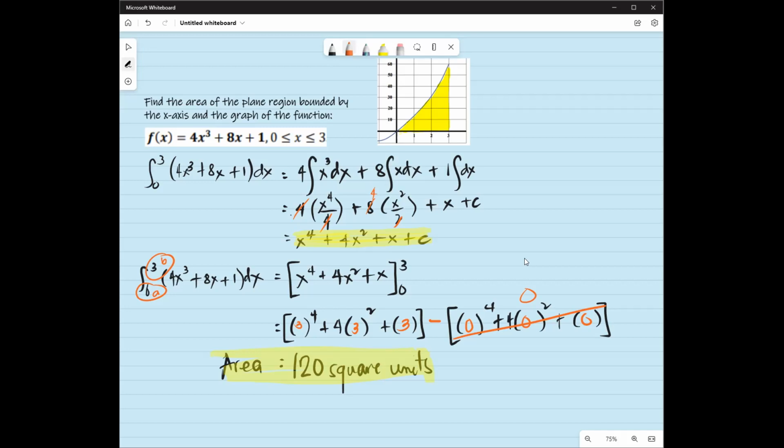Ang gagawin mo lang doon sa FA, yung function na nasa loob ng bracket, yung mga x doon, isa-substitute mo yung 3 or yung exponent yung nasa taas. And then minus lang yung FB na yung 0. Yun lang. Tapos substitute mo lang sila and then calculator and then you'll already get your answer for the definite.